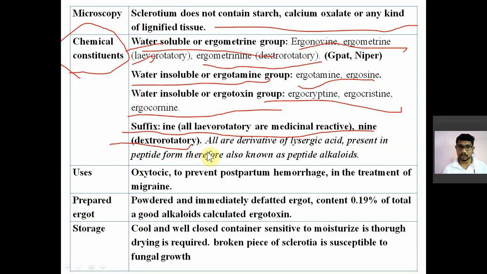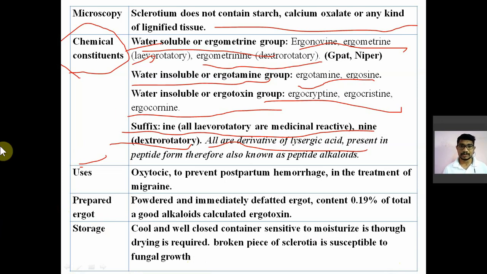Remember over here, all ergot alkaloids are derivatives of lysergic acid and present in peptide form, and therefore sometimes they are also known as peptide alkaloids. I have already told you alkaloids may be present in the form of salt of an organic acid like oxalic acid, or salt of an inorganic acid like H2SO4, sulfate or hydrochloride salt. Or alkaloids may be present in the form of special acids like meconic acid, lysergic acid, quinic acid.